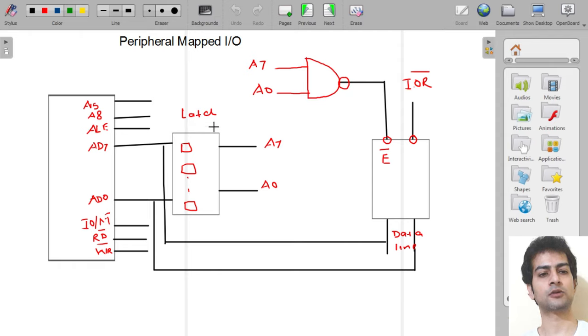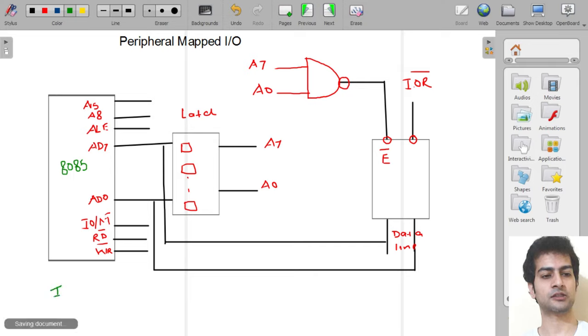So suppose the microprocessor wants to communicate with an input device and read data from an input device. We discussed earlier also that for this we will use the IN instruction.